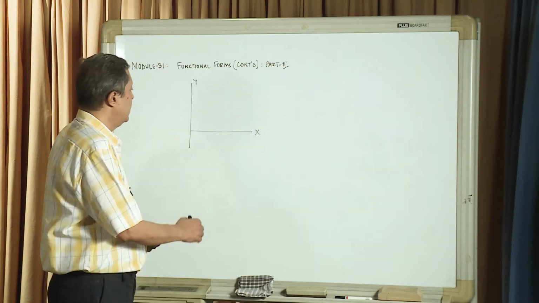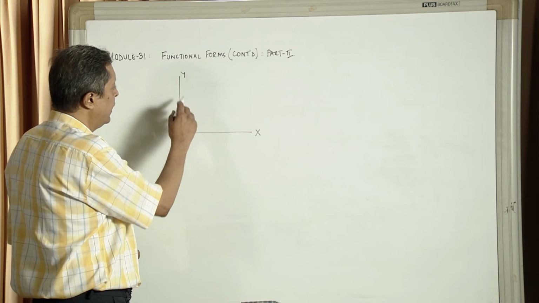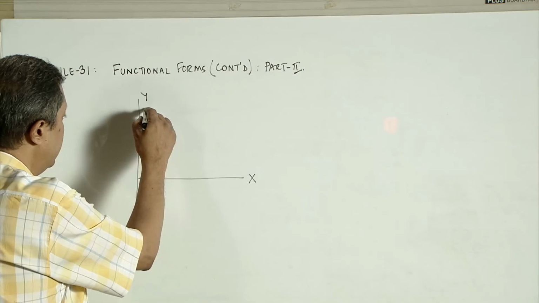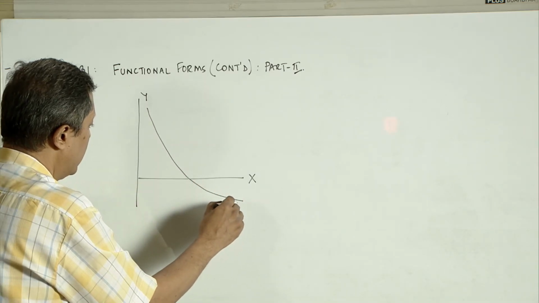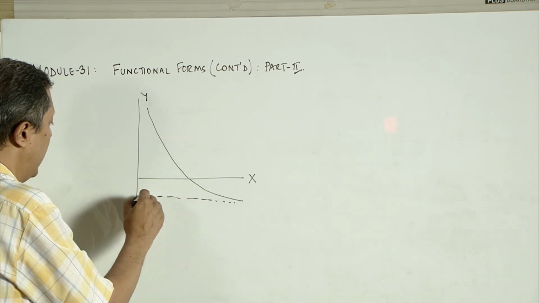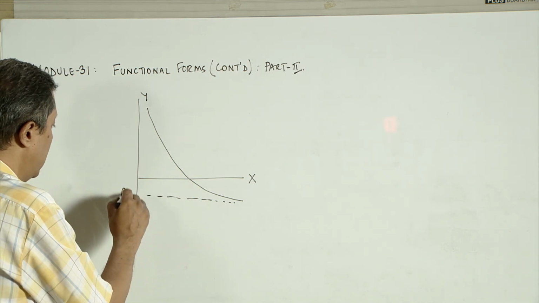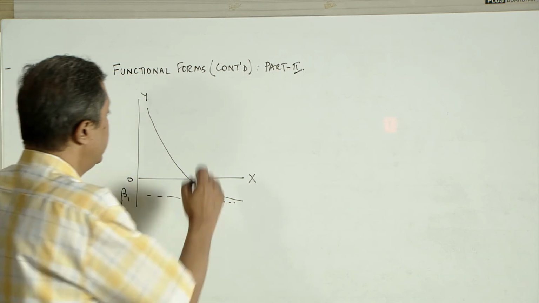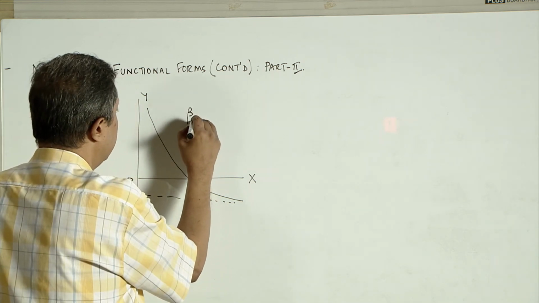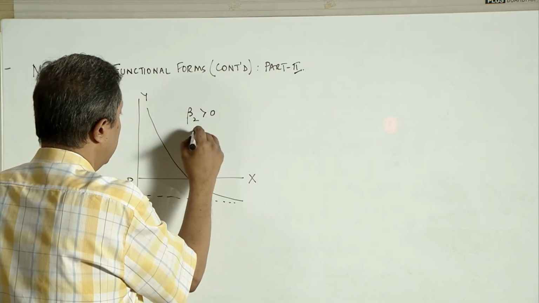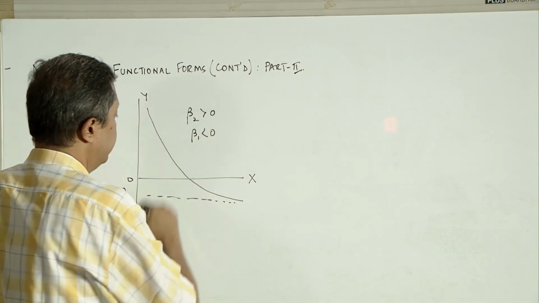In that case, the graph showing the relation between y and x would be something like this, where y asymptotes to beta 1, but beta 1 is now negative. So, here we have beta 2 positive, but beta 1 negative.